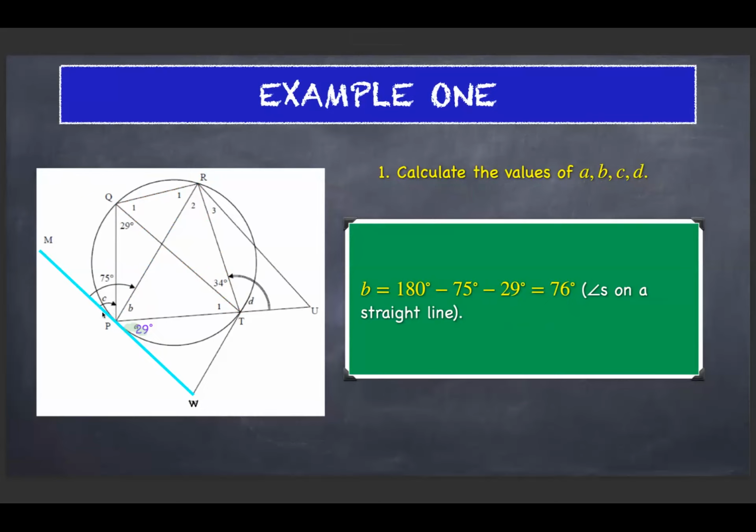If we look at it, we can see it is an angle between a tangent and a chord. Can we do something with that? Perhaps. But what we know already is that this is 75 degrees. So if we work out this piece here, which is in between, then we can just subtract that from 75 degrees and get what C is. That is going to be our plan of action, basically.